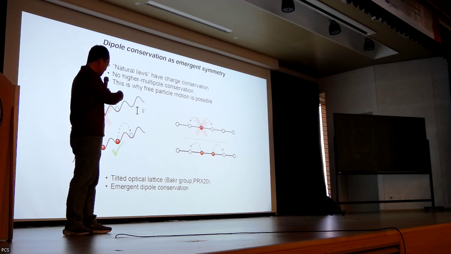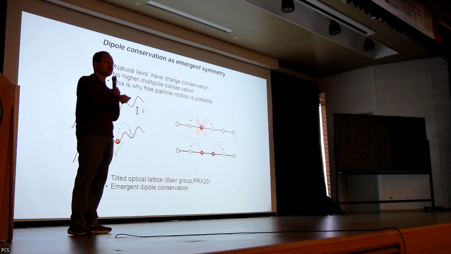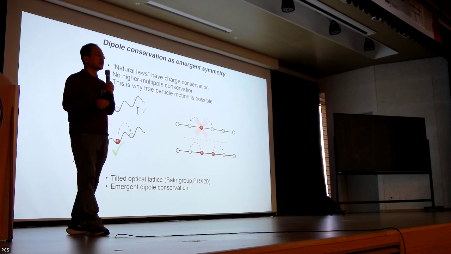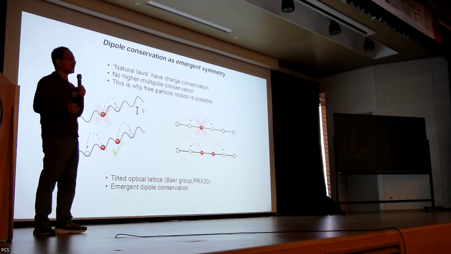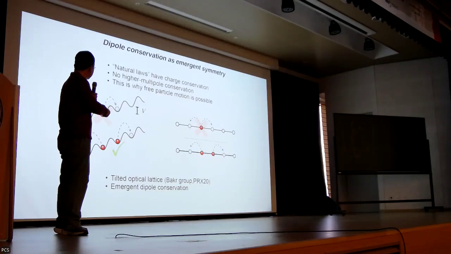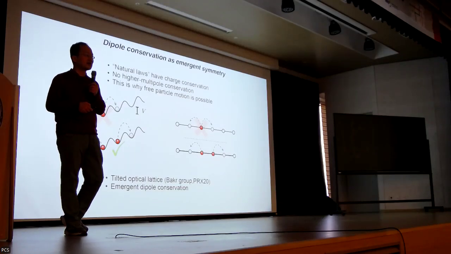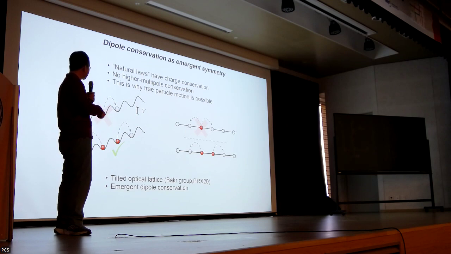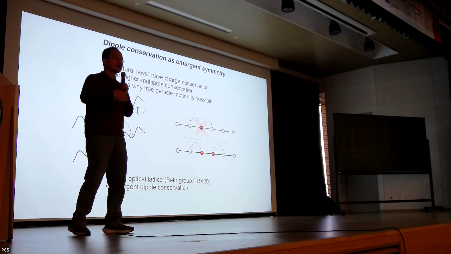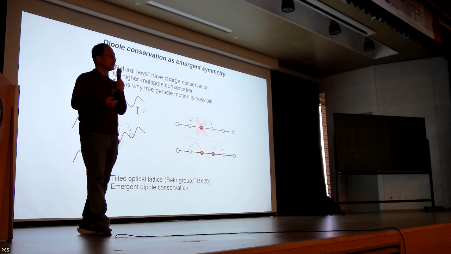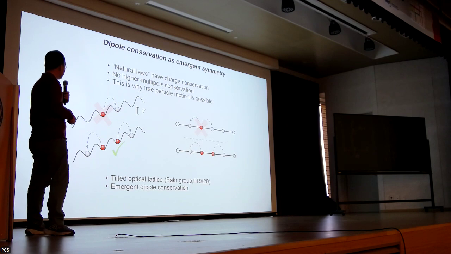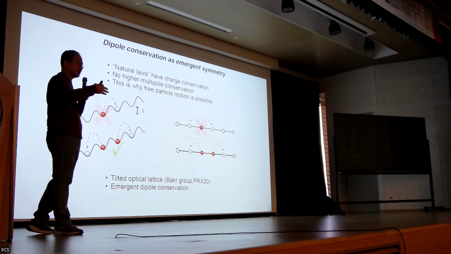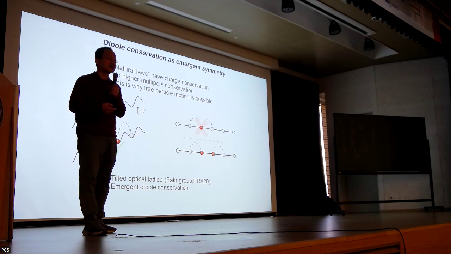So in this experiment by a group in Princeton and several other groups in Germany, almost at the same time, came up with this technique to build a potential trap for the atoms that are tilted in this way, so that an atom from one potential well going to the next potential well actually experiences an energy difference. And therefore, it's suppressed because you cannot simply change the energy and violate the energy conservation.